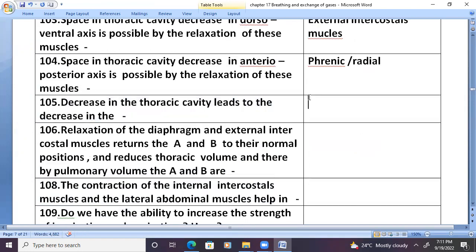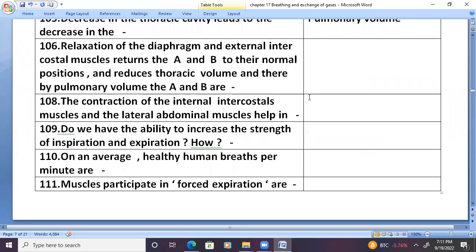Decrease in the thoracic cavity leads to a decrease in the pulmonary volume. Relaxation of the diaphragm and the external intercostal muscles returns the diaphragm and sternum to normal.